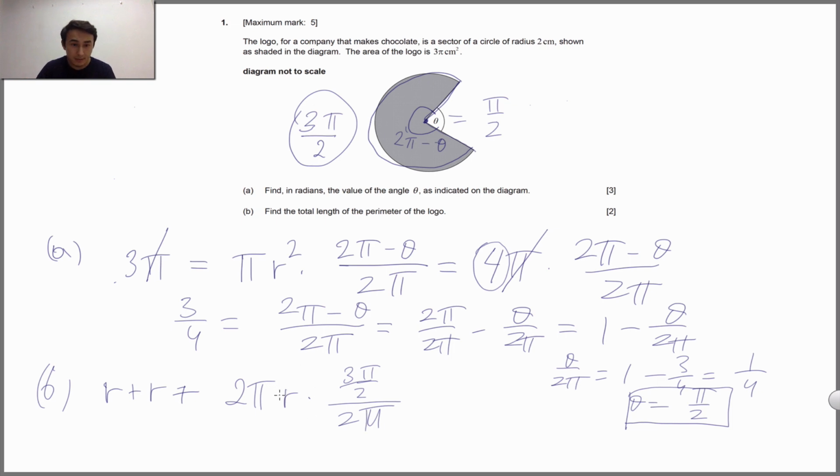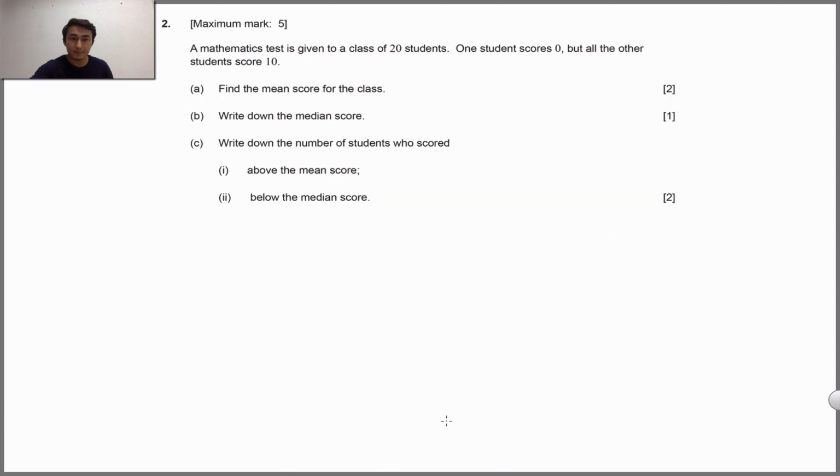And we know that radius is 2, so radius plus radius will be equal to 4, and then we know that this radius is also 2, so it will be plus 4 pi times, now 3 pi over 2 divided by 2 pi, we can cancel this pi, it will be 3 over 4, and so on, and then we can cancel this 4 and that 4, so finally we get 4 plus 3 pi. There we go. This is the answer. Right, next question.